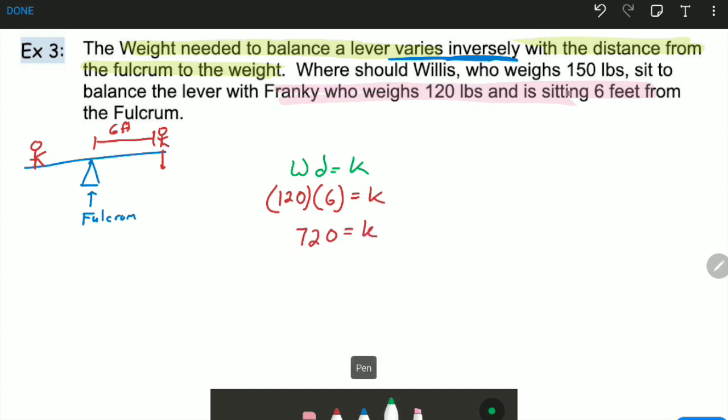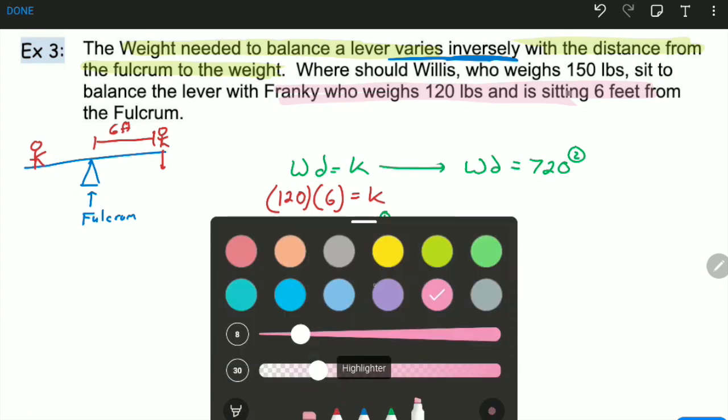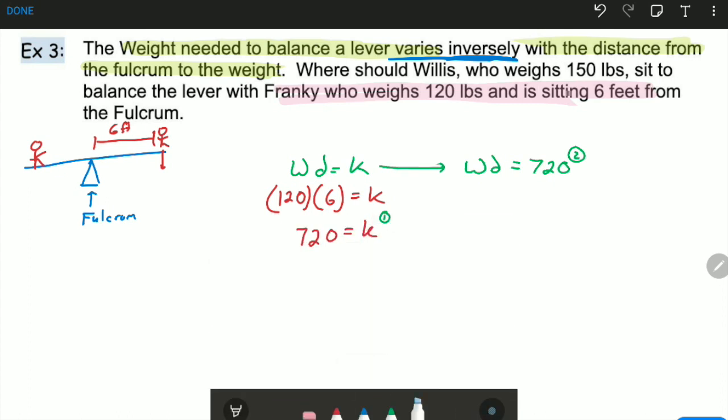Now that I have the constant of variation, which is the first phase, second phase is to write the equation. W times D equals 720. You can also use the other form of the equation as well. Either way would work.